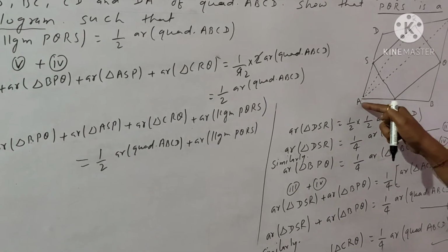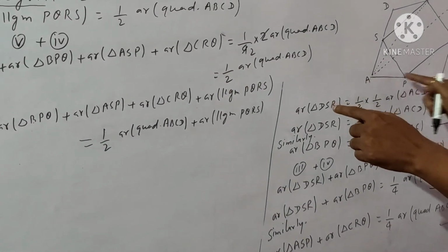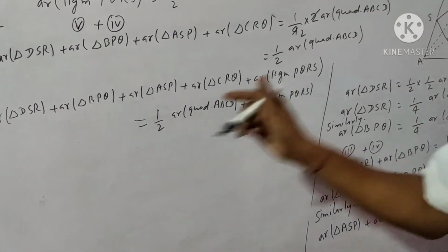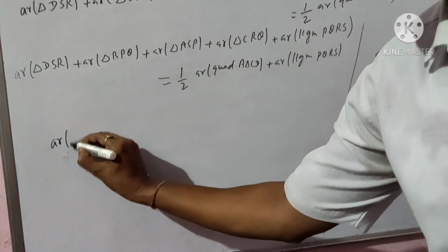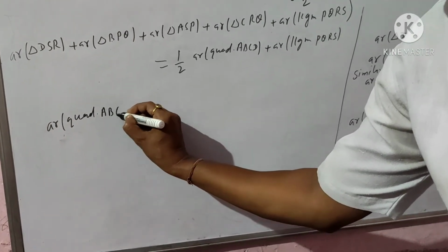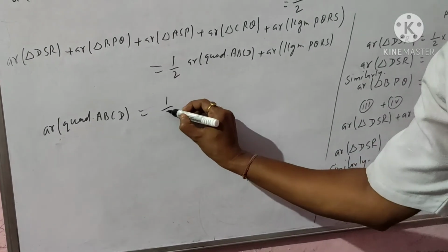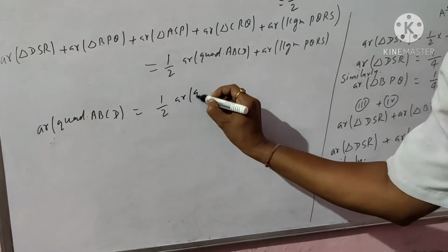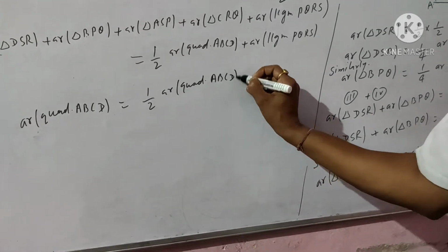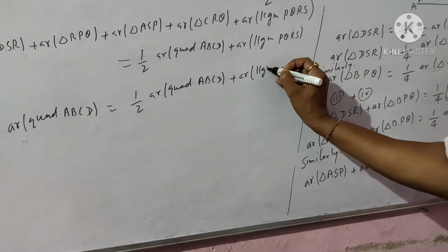So we can write that all things together are equal to the area of quadrilateral ABCD, which is equal to 1 by 2 area of quadrilateral ABCD plus area of parallelogram PQRS.